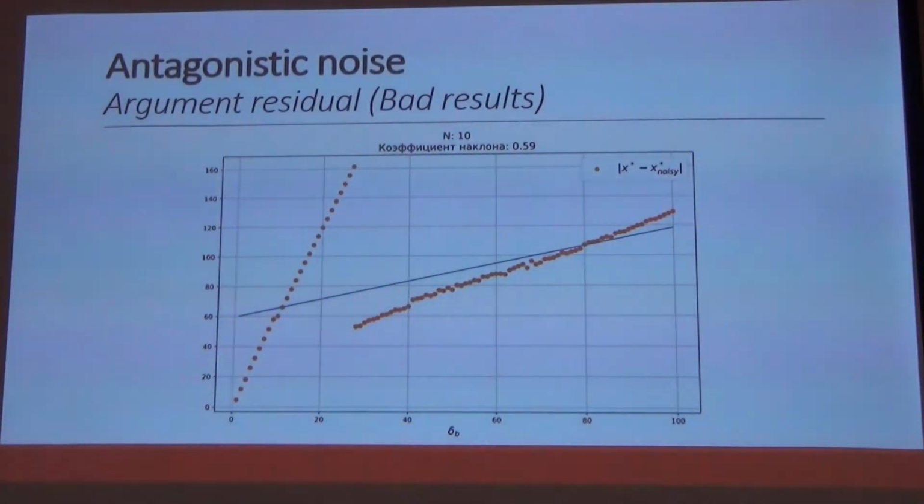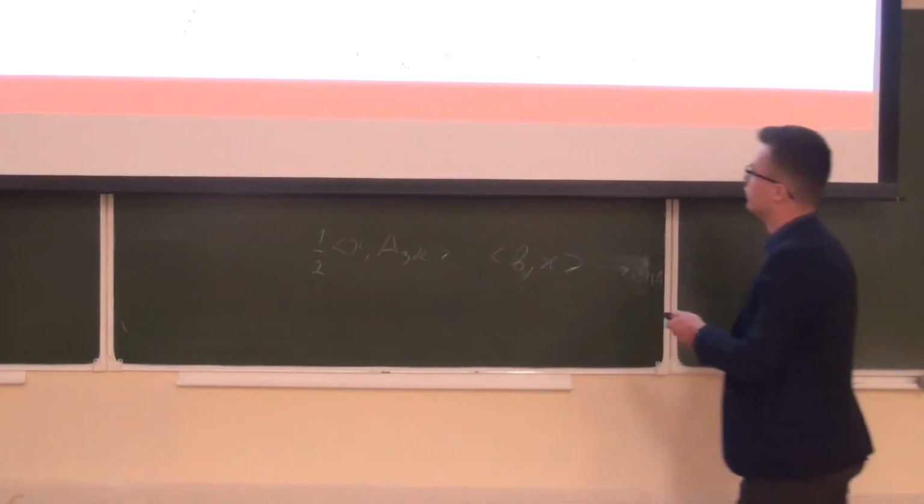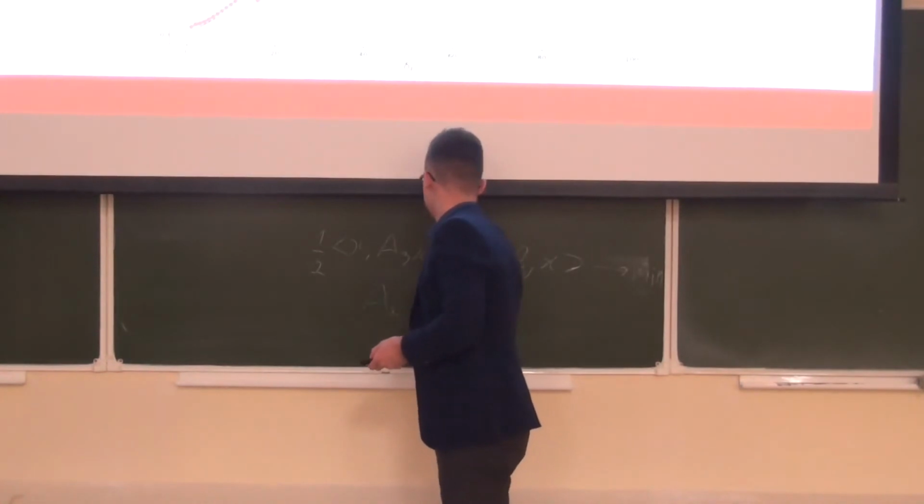So okay, this, for example, is the task where all these calculations on each delta are about A number 3 and B number 3. And for example, this is about A number 2 and B number 2.